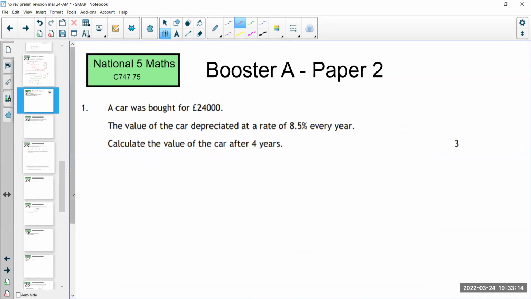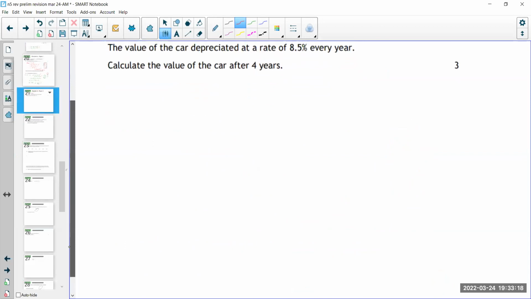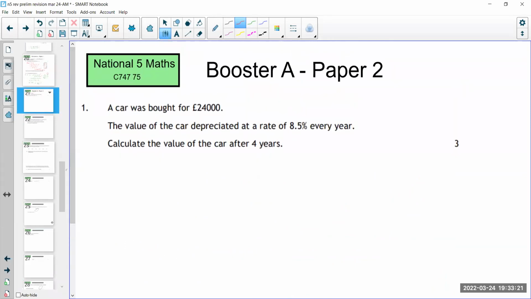All right, so I'm going to give you 5 minutes break, and then if you want to come back, we look at paper 2. And instead of depreciation here, because you're not going to get any depreciation, we're going to say appreciate. Let's say this is a vintage car that is quite an old car, so it goes up in value.